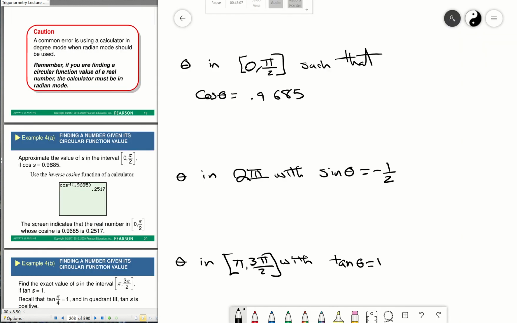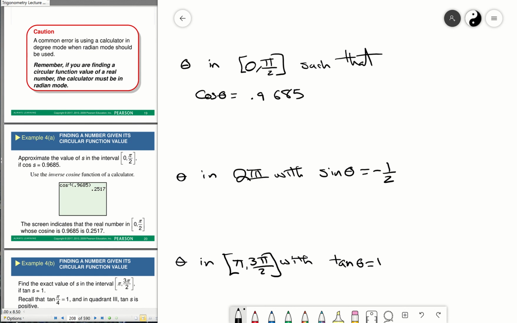Okay, so now we want to look at what happens if they give us either the sine or the cosine, such as in this case we have the cosine, in the next case we have the sine, in the third case we have the tangent, and what they ask us is for the angle itself.